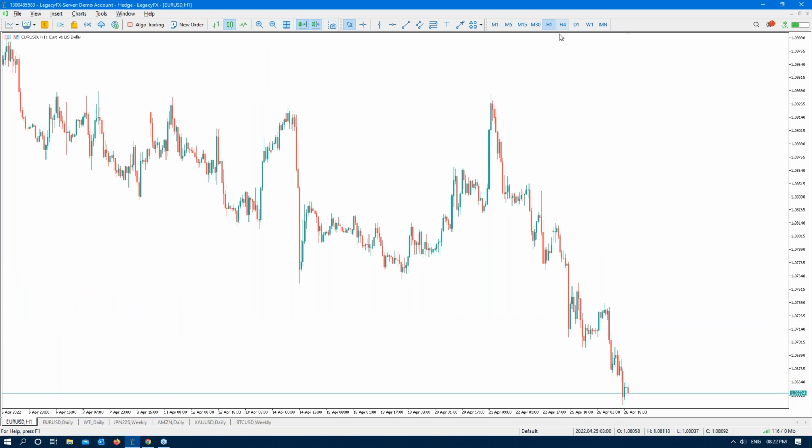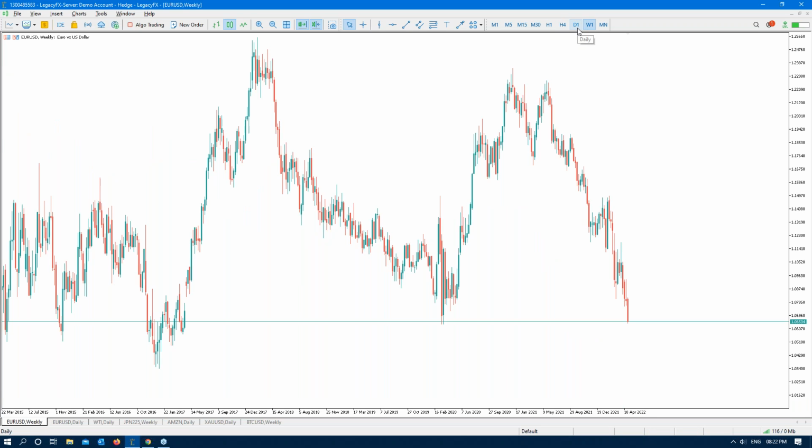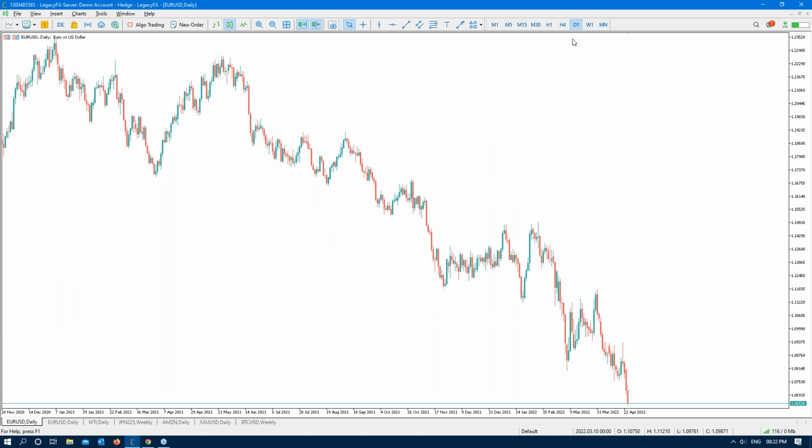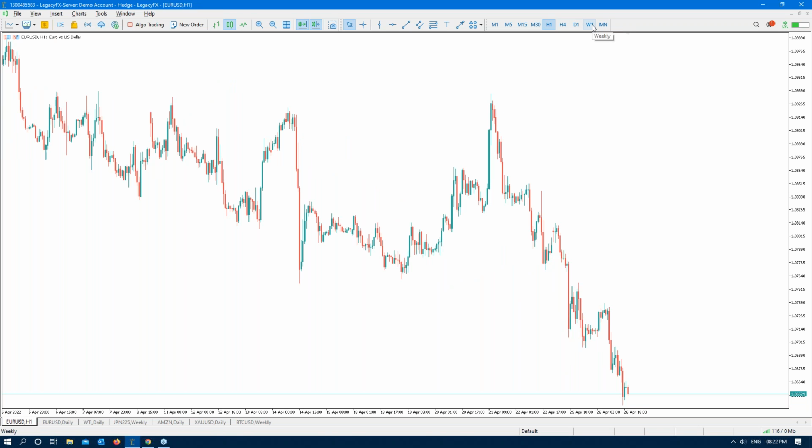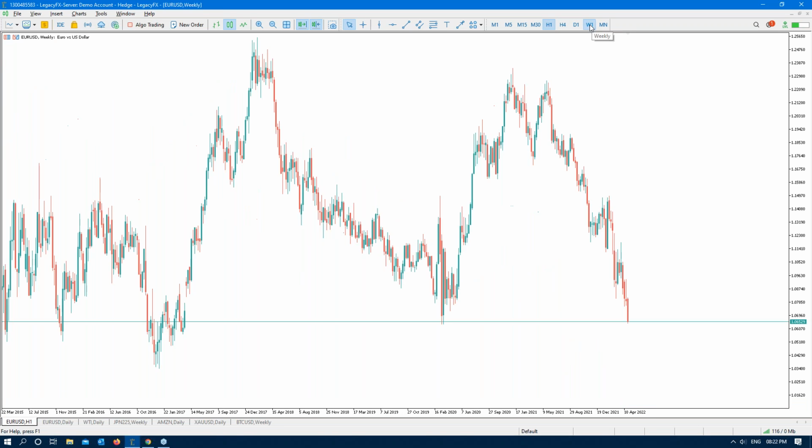So I usually execute on 1 hour and I use week for the bigger picture and day for judgment of certain key levels where it might stop along the way, because I usually trade a little bit longer. If you trade smaller, then the same rules will apply from what I'm about to do to what you do, whether you trade long or short, it doesn't matter.